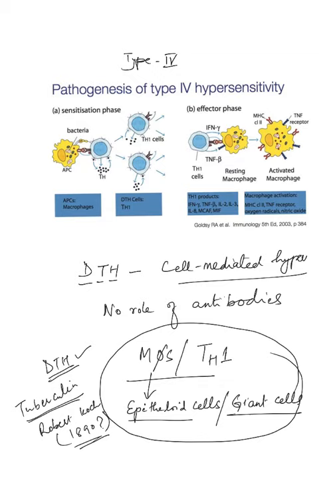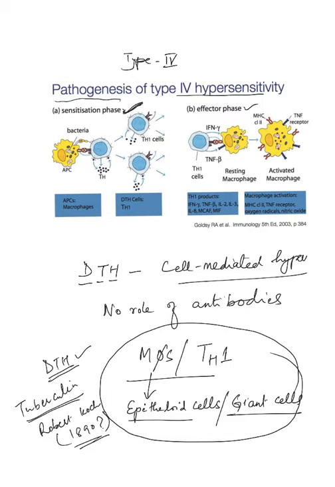Okay, so if we look at the pathogenesis of type 4 hypersensitivity, we have two phases: sensitization phase and effector phase. So what is the sensitization phase? Let's talk again about, suppose, Mycobacterium. Let's talk about cattle. An individual got infected by Mycobacterium bovis.